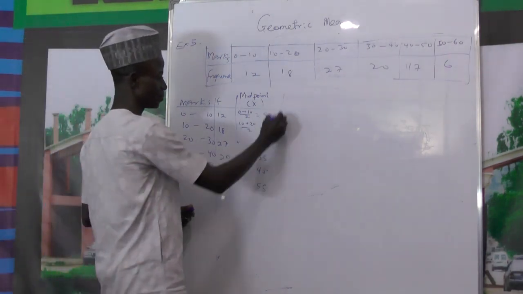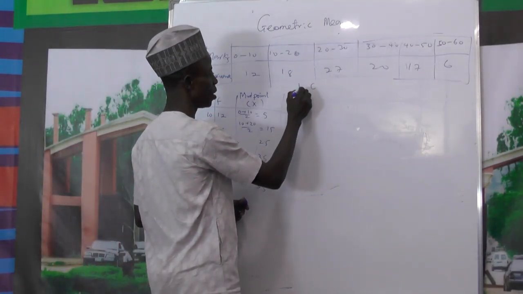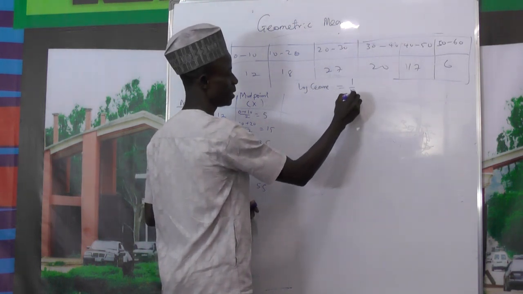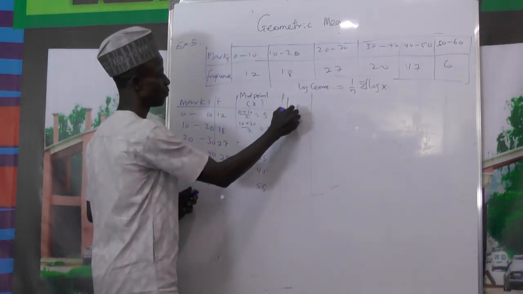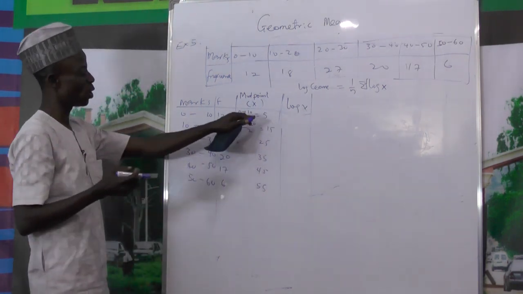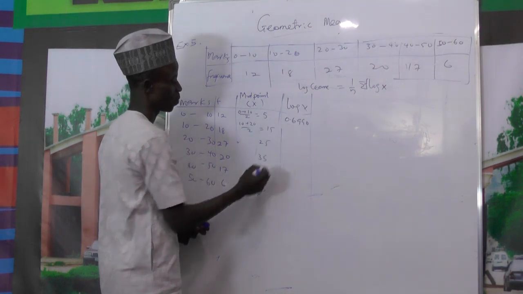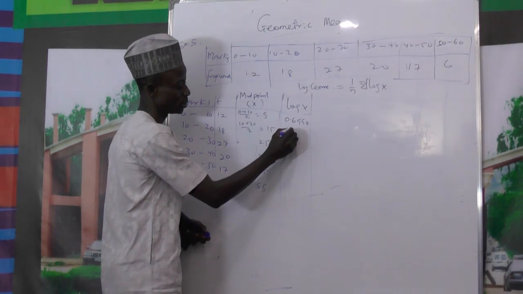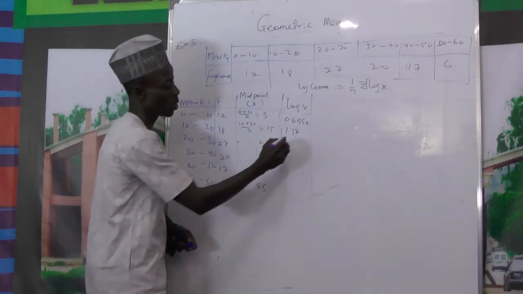So the next one is we are working with the formula. So remember, log of geometric mean is equal to 1 over n sum of f log of x. The log of x that we first need to find. So we take the log of 5, that's what we first need. So log of 5 will give us 0.6990. Log of 15 will give us 1.1761.